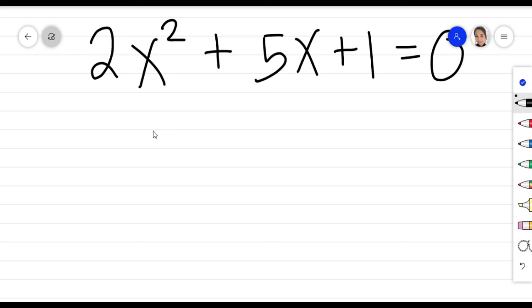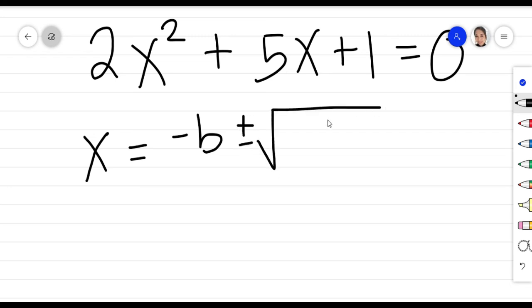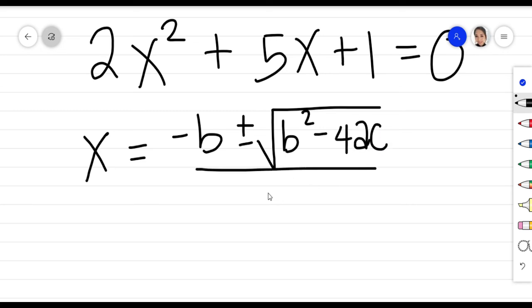So let's write the quadratic formula: x is equal to negative b plus minus square root of b squared minus 4ac all over 2a. If our variable here is not x, let's say y, we have to write y, not x. If our variable is z, we have to use z here.